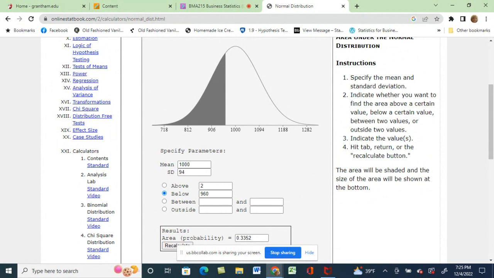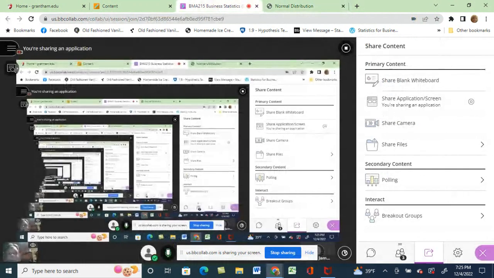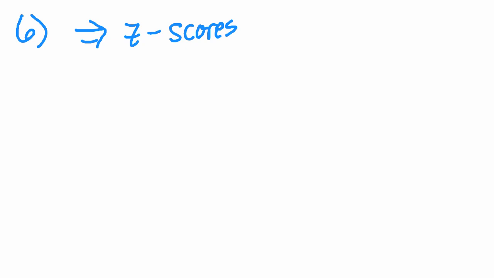That's a lot easier. Okay, so let me go back a minute because there's another way to do it, and I'm not too sure anybody wants to do it this way, but it's fine if you do. What you can do for number 6, like you said, is change to z-scores. So find the z-score. I'll just do part A because we already got an answer.